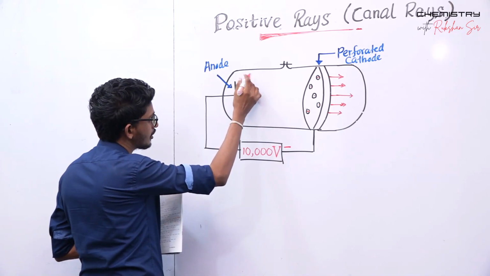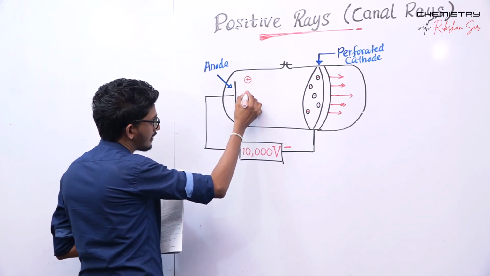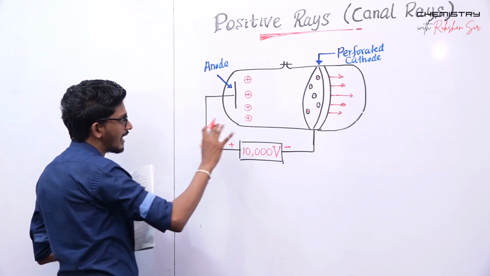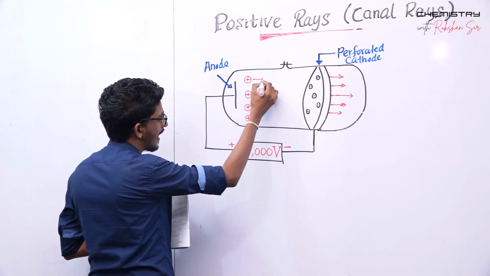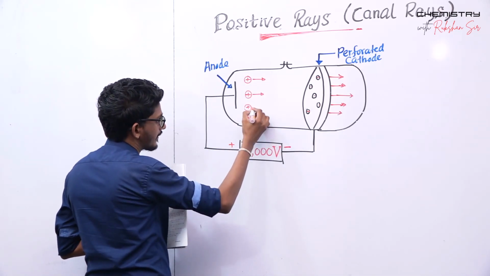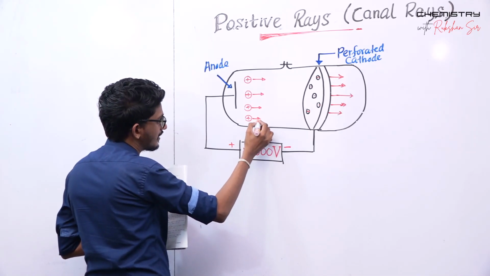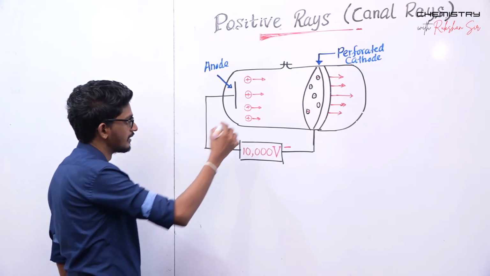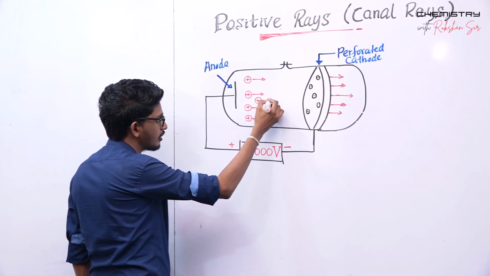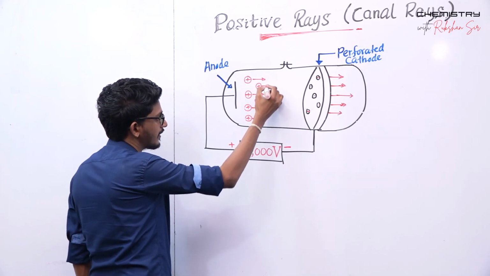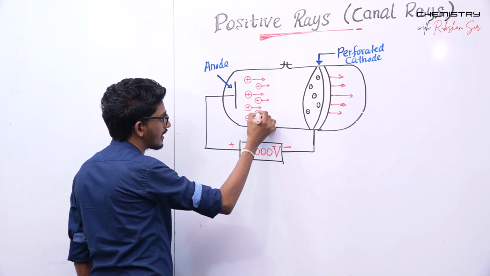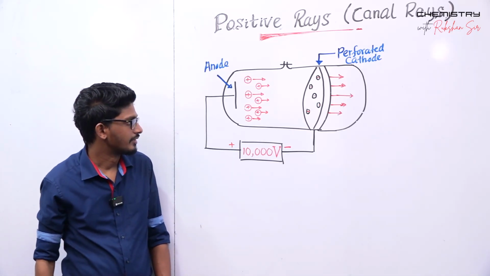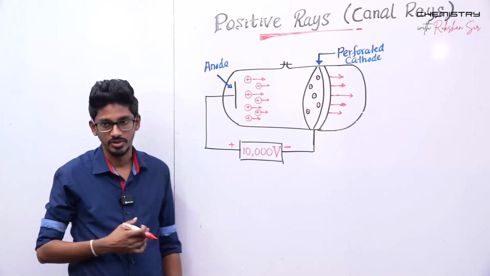They ultimately confirmed that these rays are coming from the gas inside the tube, basically the gas which is near the anode but away from the cathode. That was the idea. We have to discuss the reasons for that conclusion as well.